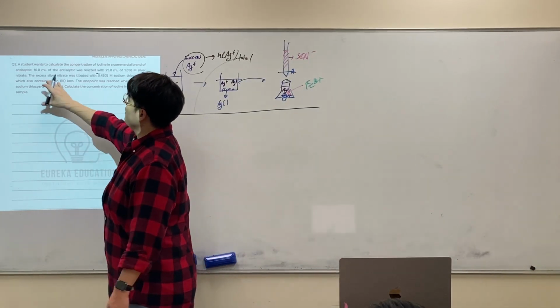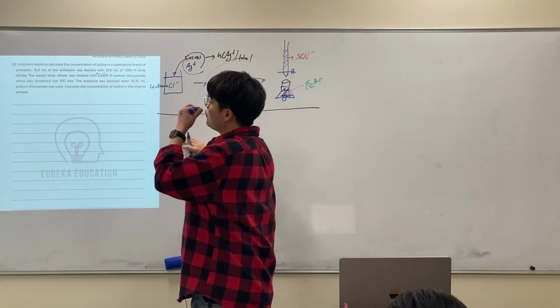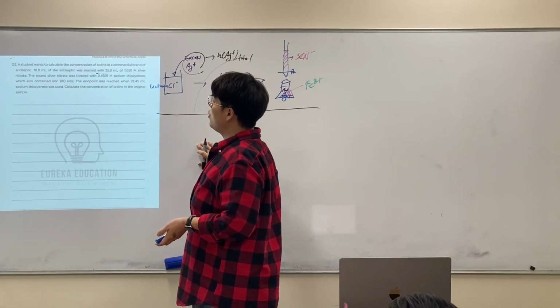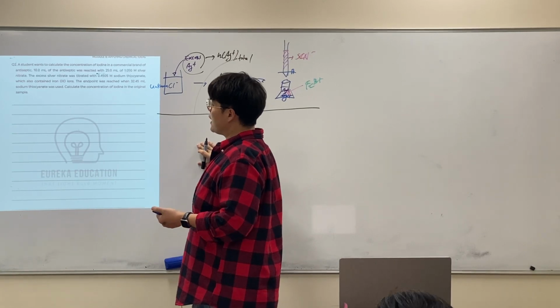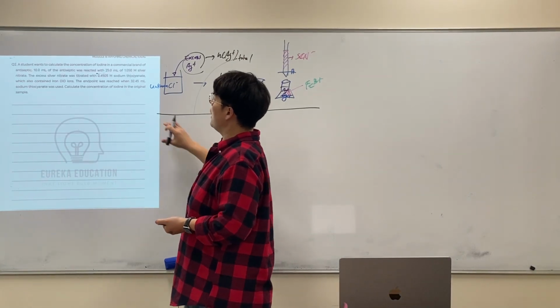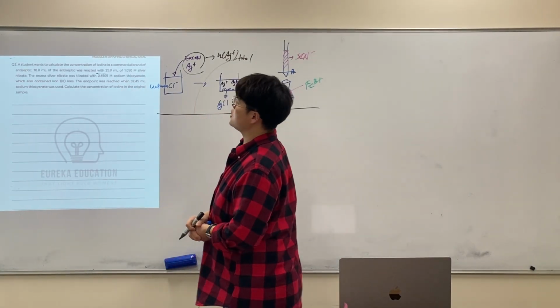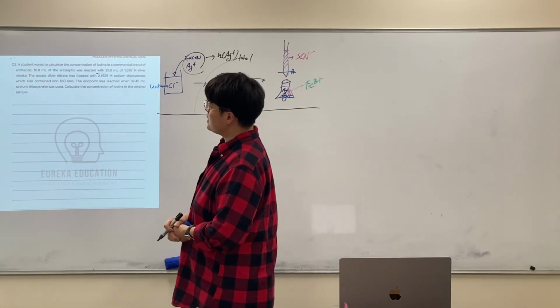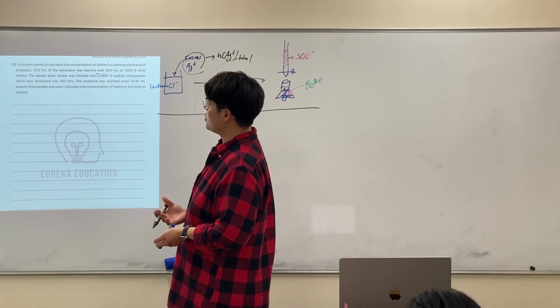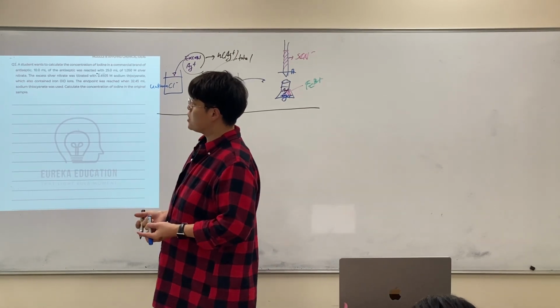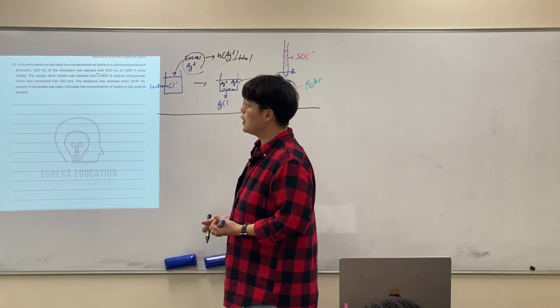Question 2. A student wants to calculate the concentration of iodine in a commercial brand of antiseptic. 10 mL of the antiseptic was reacted with 25 mL of 1.05 molar silver nitrate. The excess silver nitrate was titrated with 0.4505 molar sodium thiocyanate, which also contained iron 3 ions.